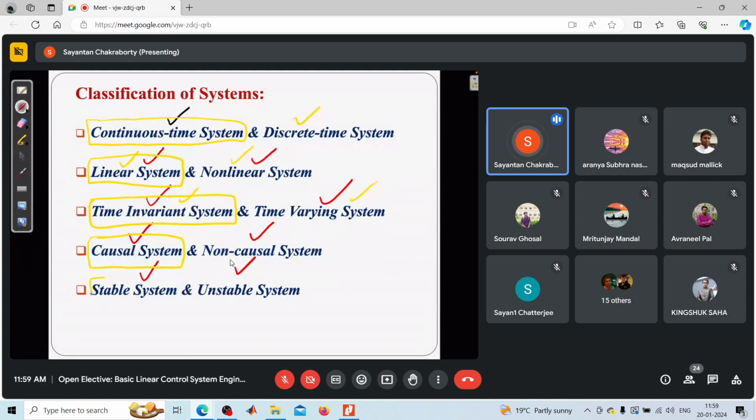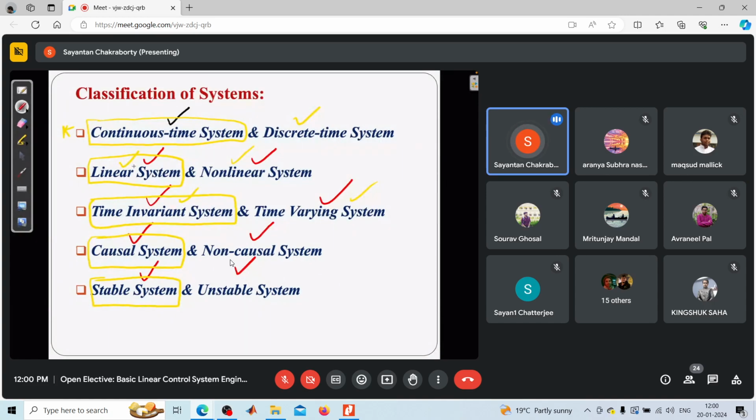So for our case, we consider that to be a stable one. And that is not every classification that you can have. You can have, as you've understood, either continuous time or discrete time, either linear or non-linear. Here, there may be some gray area due to the presence of hybrid systems, but still, the rest of them are binary. So a system can satisfy either the left half or the right half of each and every classification.